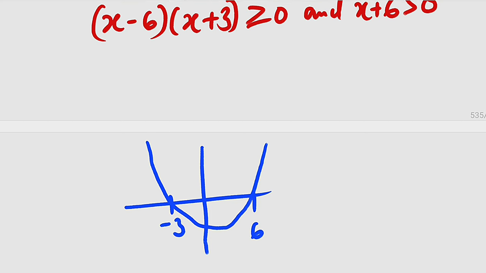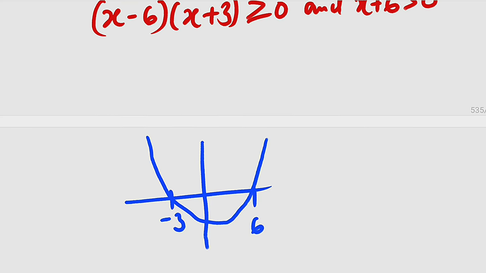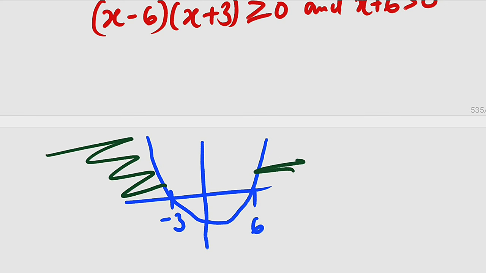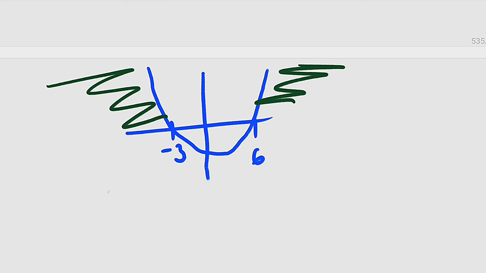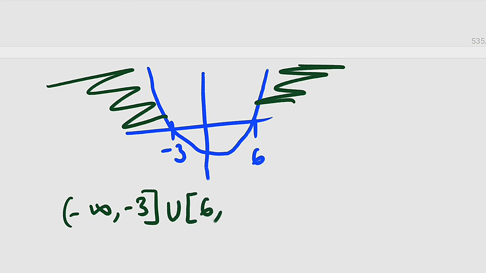So we are talking about the regions where it is greater than 0, above the x-axis. So something like this, something like this. So we have the solution to be from -infinity down to -3, including -3, union from 6 down to +infinity.